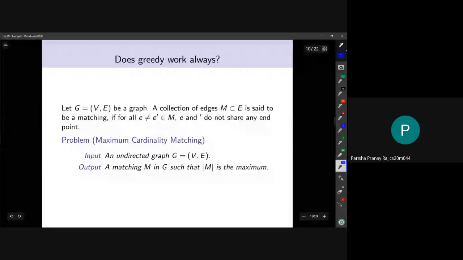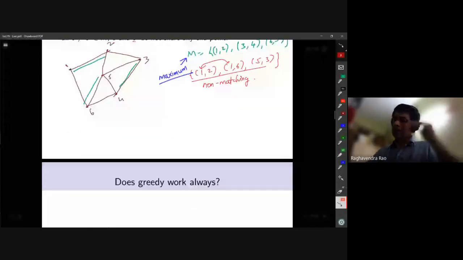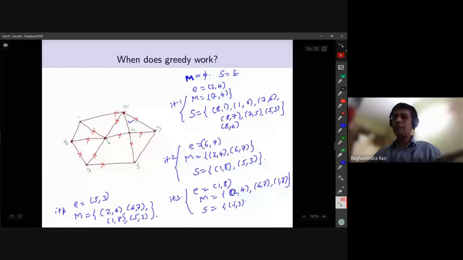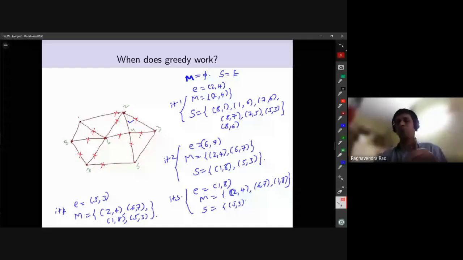That is true, it could be less than n by 2. In this case, we know that it was easy to say it is maximum or not. It could be that your graph does not have a matching of size n by 2. Yes, that is true. But in this case, it is n by 2. So once it is n by 2, we for sure know that it is maximum.